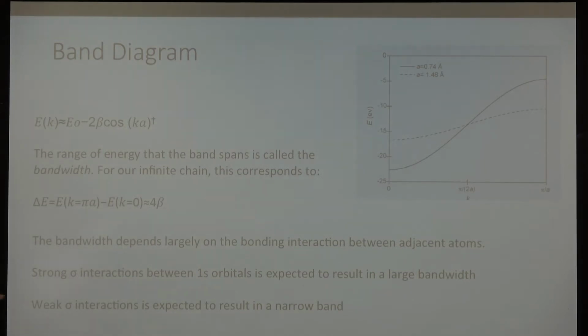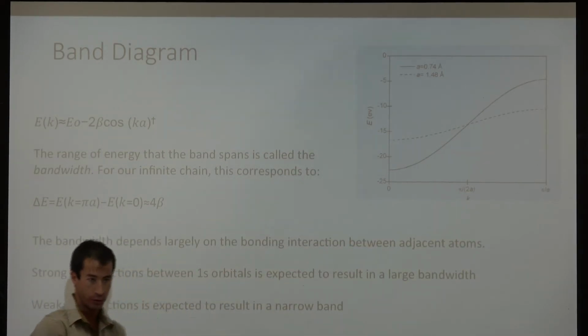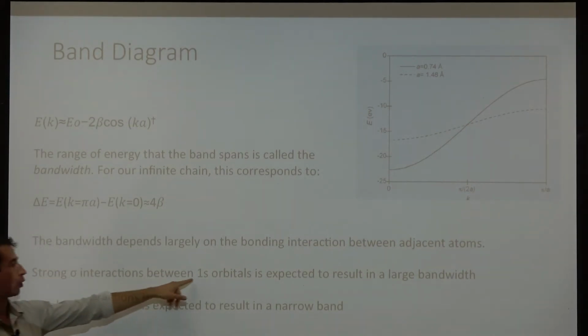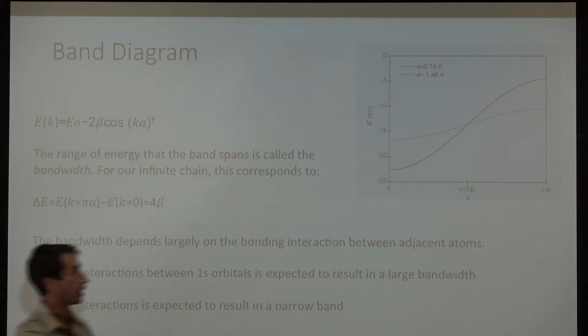Strong sigma interactions between 1s orbitals, which would be a short bond length, result in a large bandwidth. Bandwidth meaning the distance from there to there, your range of energies.